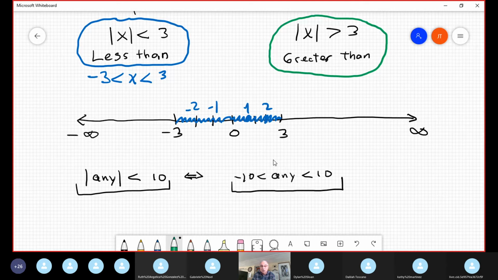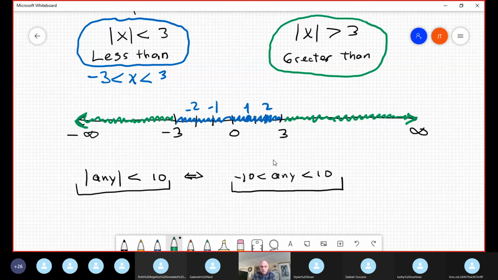Remember, this is the distance, but it's too far from 3. It's obvious that it's that part, so 4, 5, 6, 7, to infinity, and that part, because it's too far from 3, no? In this example, the 3 is the right-hand side. So basically, the solution, when it's greater than, contains 2 pieces, 2 intervals.